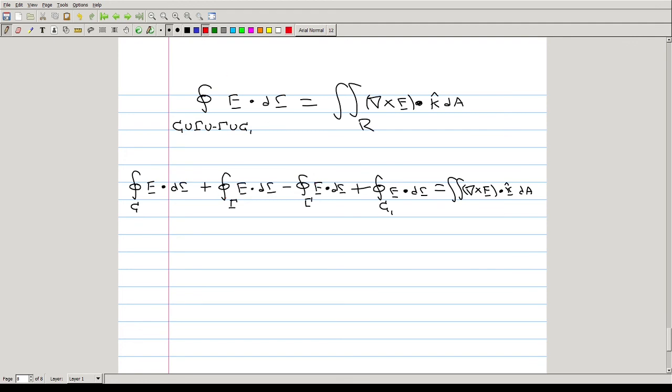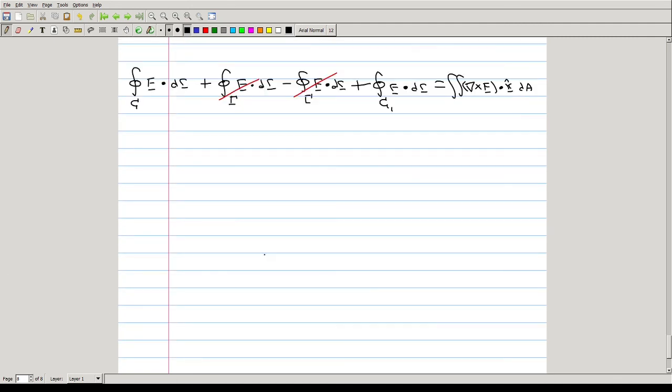So just like before, these two integrals are the same thing. And what's interesting here is that this integral does not vanish.